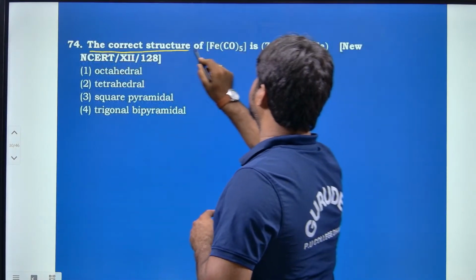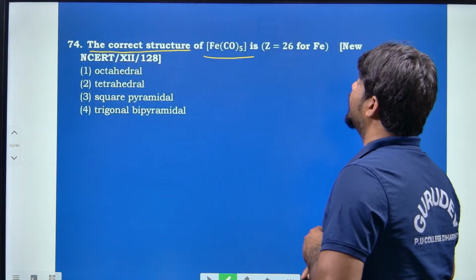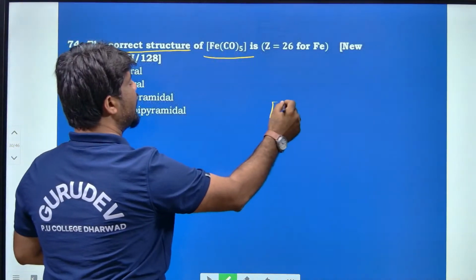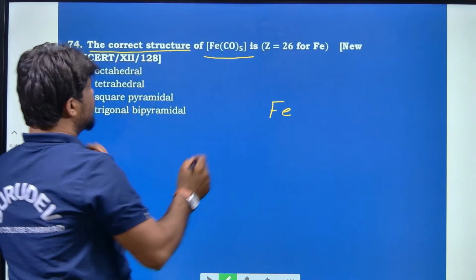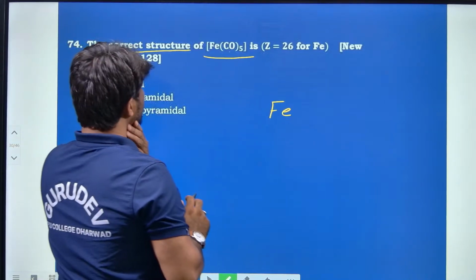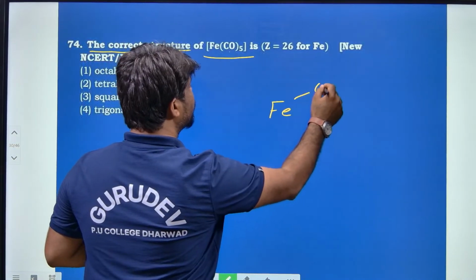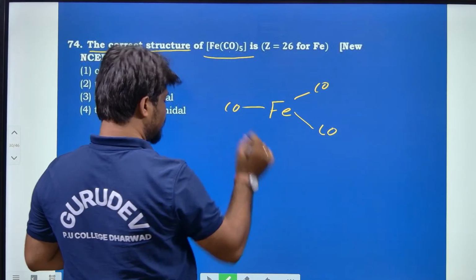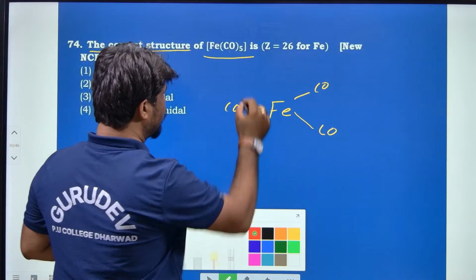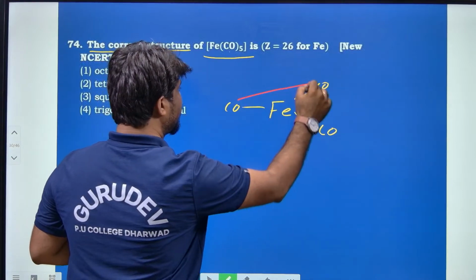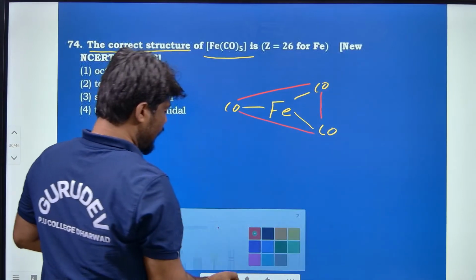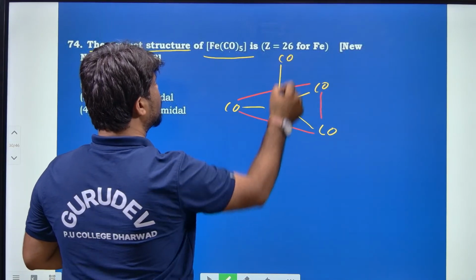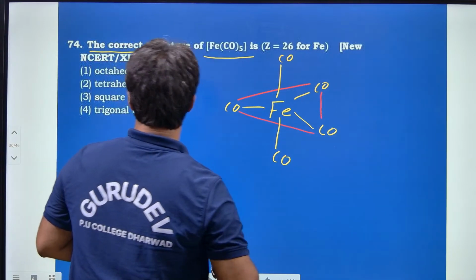The correct structure of Fe(CO)5 is. So we need to write the structure. Fe, the iron, is the central metal atom. Then it is bonded with the 5 carbonyl groups. Out of 5 carbonyl groups, 3 carbonyl groups are present at the 3 corners here, resulting in the formation of the trigonal plane. And another 2 carbonyl groups, one is present above the plane, another is present below the plane.